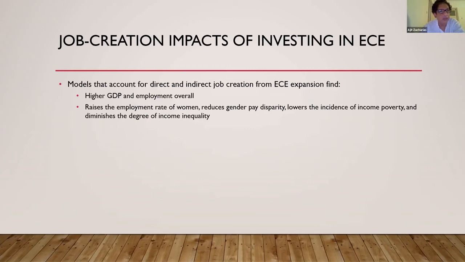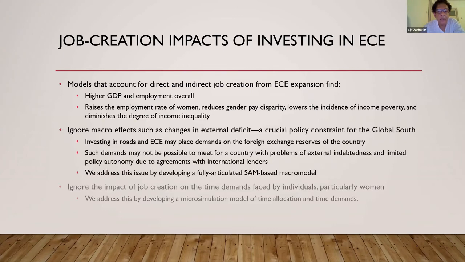Particularly, it raises the employment rate of women, and it also has a host of favorable distributional outcomes. It reduces gender pay disparity, lowers the incidence of income poverty, and diminishes the degree of income inequality.